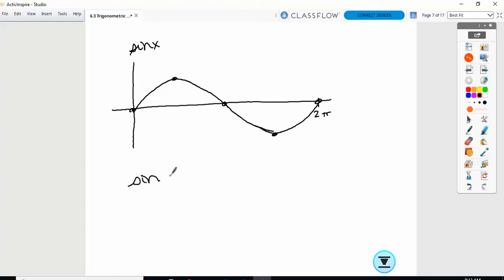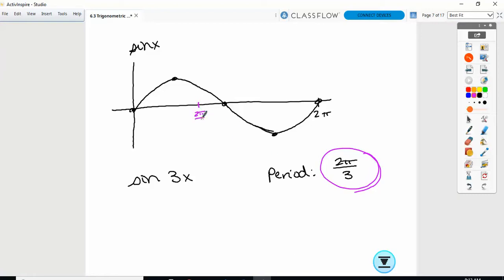When I have a sine of 3x, the period of this graph is 2 pi divided by the number in front of x, which is 3. So when I get to 2 pi over 3, I have had one complete cycle of this graph.